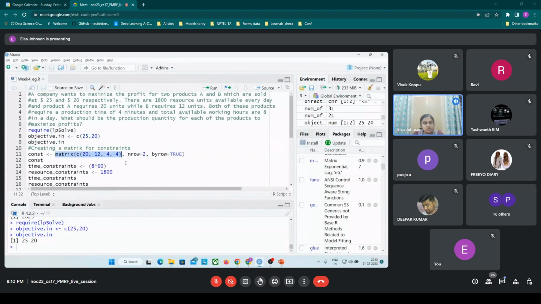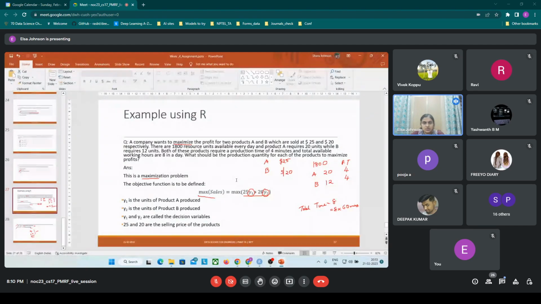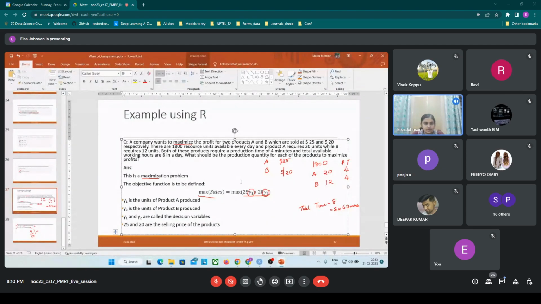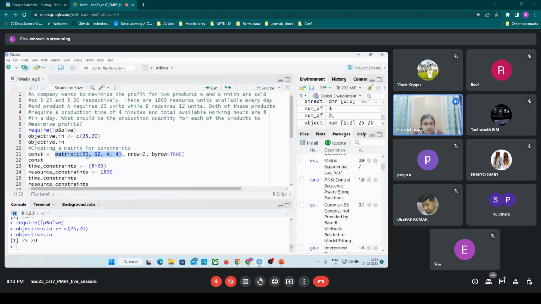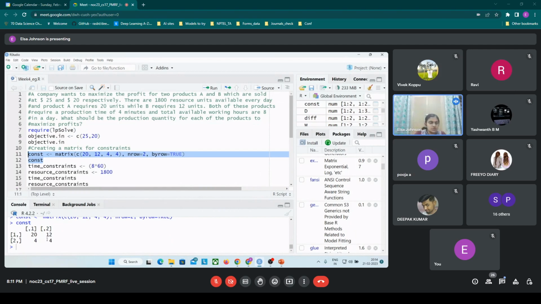The constraints were 20, 12, 4, 4. So you write matrix 20, 12, 4, 4, with the number of rows equal to 2 and the arrangement by row equal to true. If I run this, we'll get 20 12 4 4.